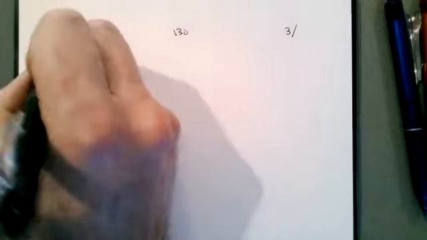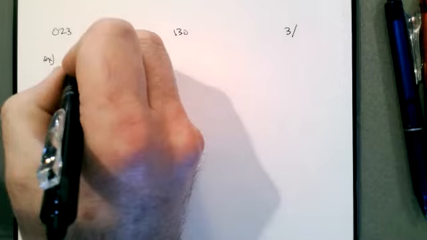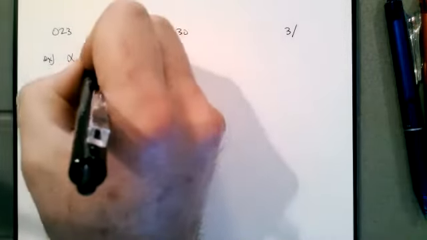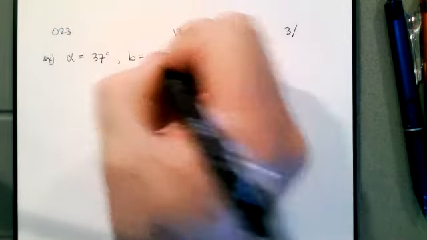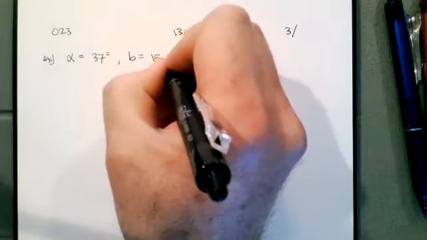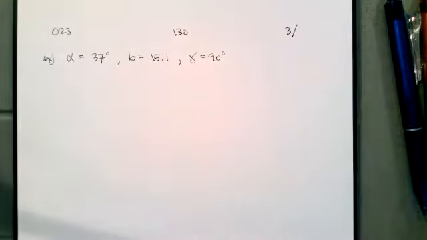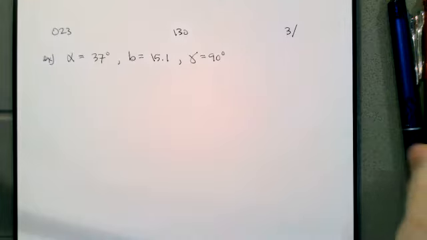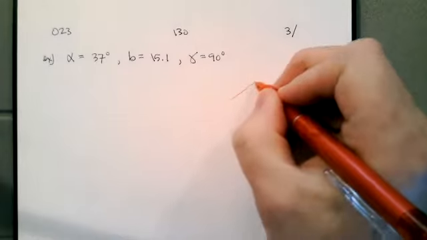So for example, let's suppose that I told you that alpha was equal to 37 degrees. Side B is equal to 15.1, and angle gamma is equal to 90 degrees. That is, we're looking at a right triangle. I'll draw a picture of it so that we're all on the same page.